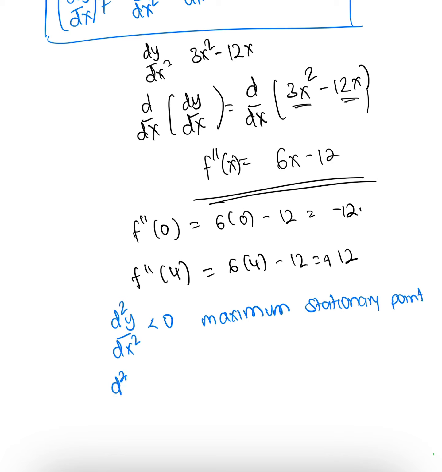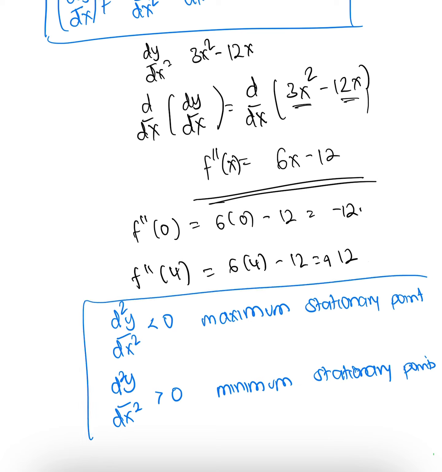And when d squared y over dx squared is greater than 0, this is a minimum stationary point. And our example above just shows that that's the case. We have used the curve, the plot that we have just drawn, and we have shown that this generalization is true for the curve that we have drawn.